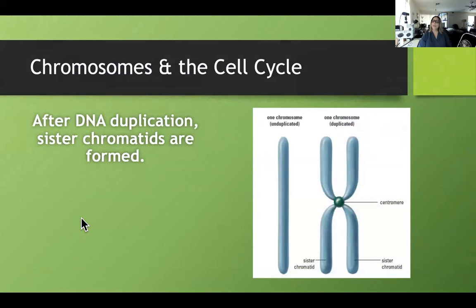Okay, now this next concept is a little more difficult. So I'm going to explain the difference between homologous chromosomes and sister chromatids. So let's go to the whiteboard to do that.